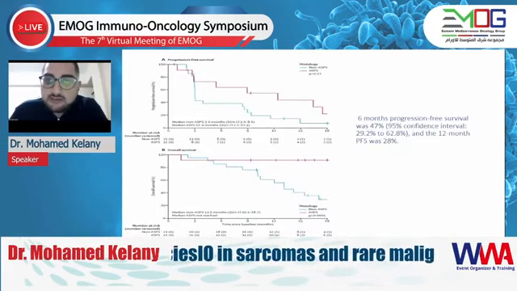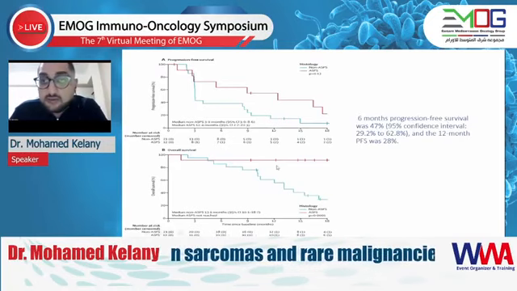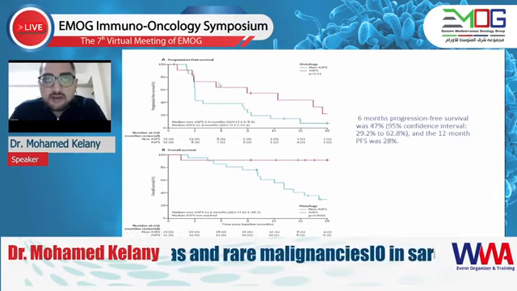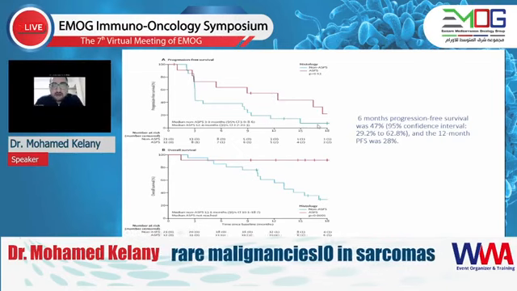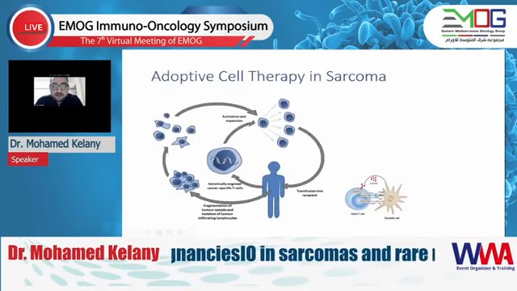The 6-month progression-free survival is 47%, and the 12-month progression-free survival was 28%. And again, alveolar soft tissue sarcoma.